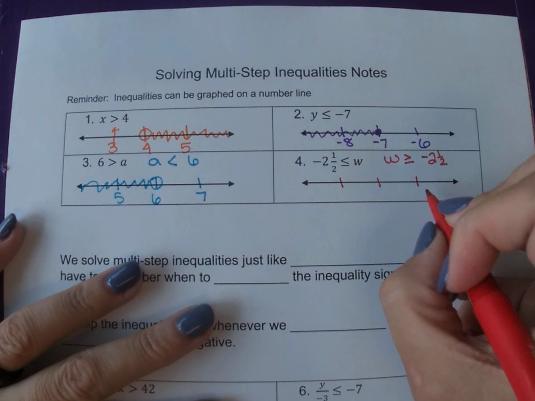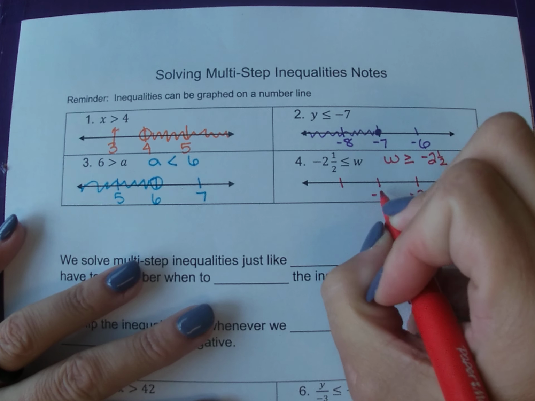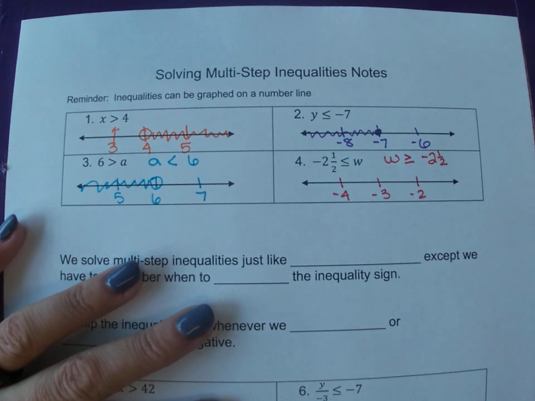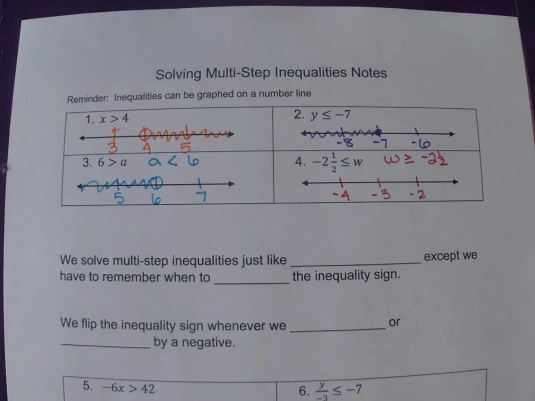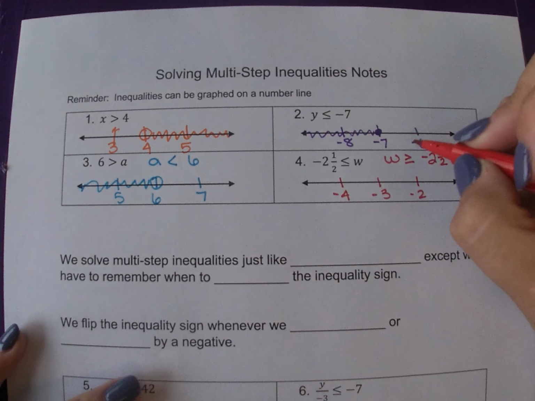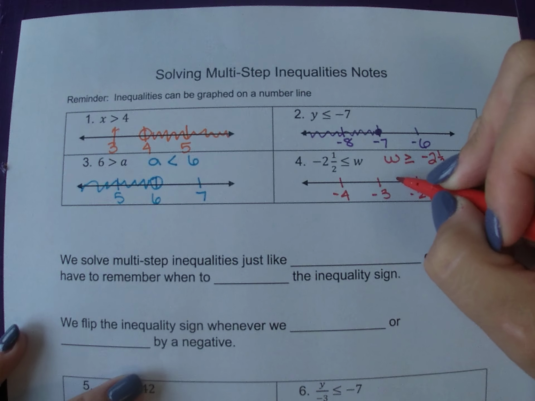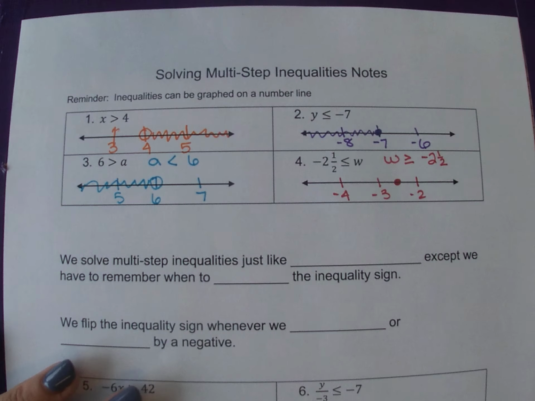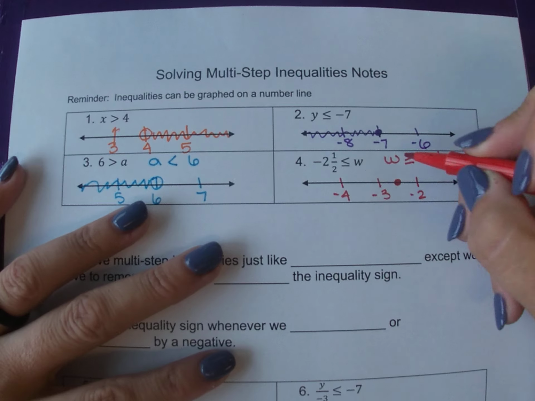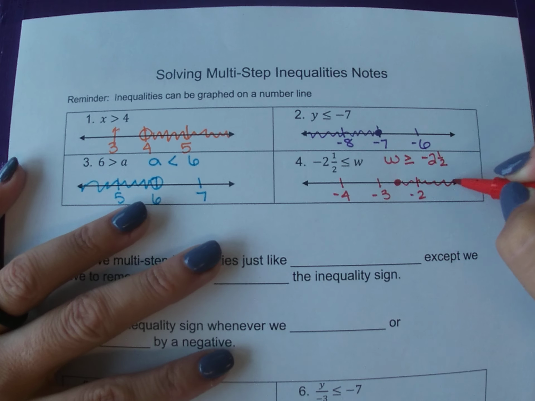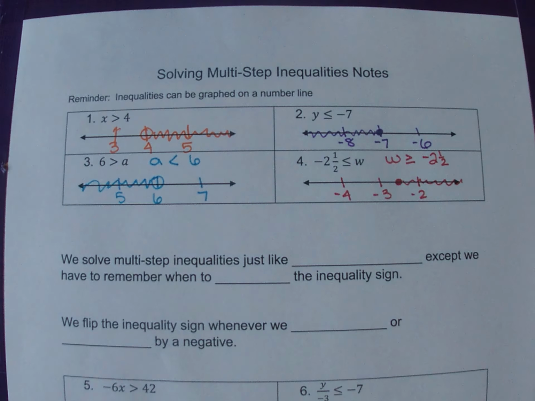I'm fine with you putting like -2, -3, -4, something like that, and just approximating that -2.5 is in the middle. So I'm putting my -2.5 in the middle of -2 and -3. So I know this is going to be a filled in circle because this is or equal to. And then I'm going to shade to the right because numbers greater than that are to the right.